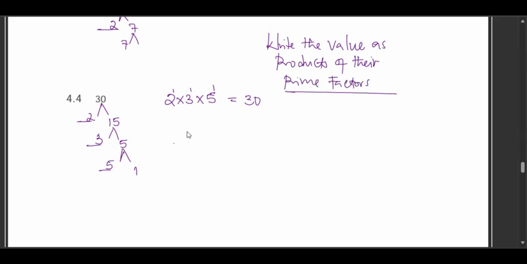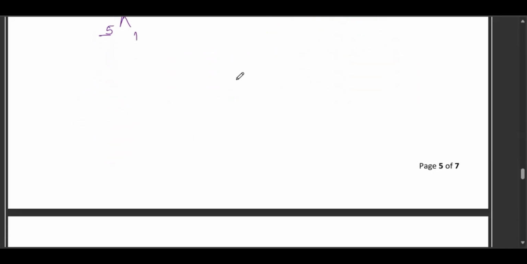And prime numbers we usually have 2, 3, 5, 7, 11, 13. Numbers that can only be divided by 1 and themselves, and you don't get a remainder. These are prime factors. All right, we are not looking at odd numbers, but prime factors.